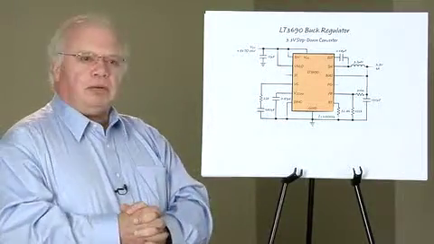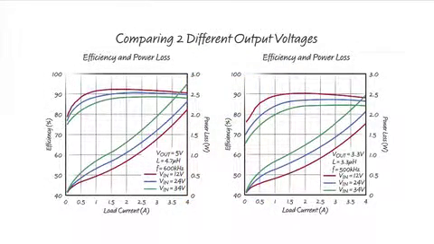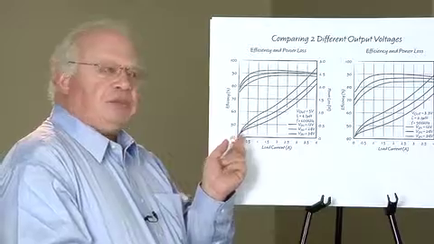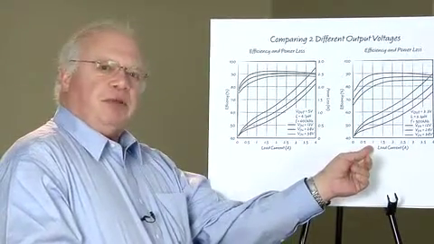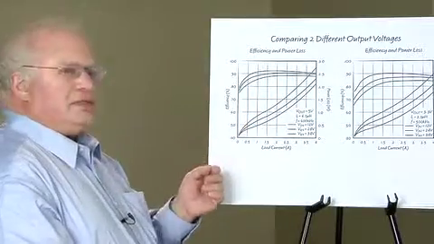This is a buck regulator, and I've got two curves on this straightforward synchronous buck regulator. One is at a lower output voltage, one is at a higher output voltage. This curve is for 5 volts, this curve is for 3.3 volts. Now let's pick a point on these curves.